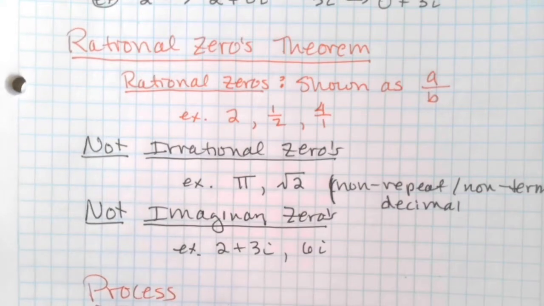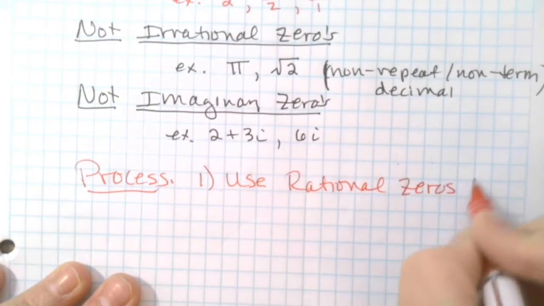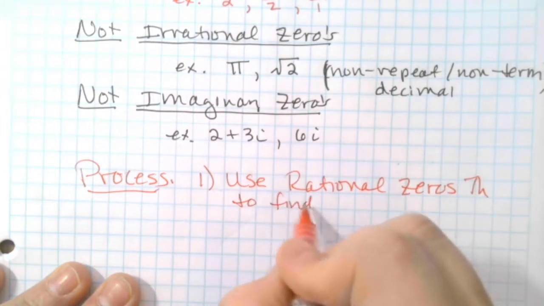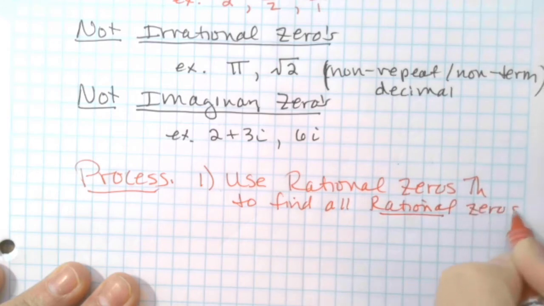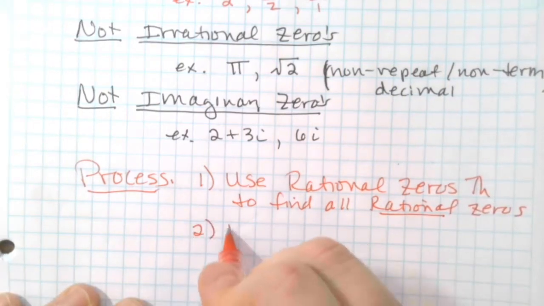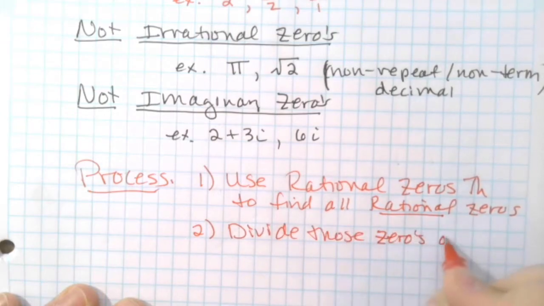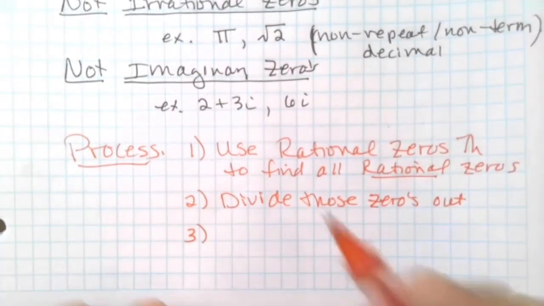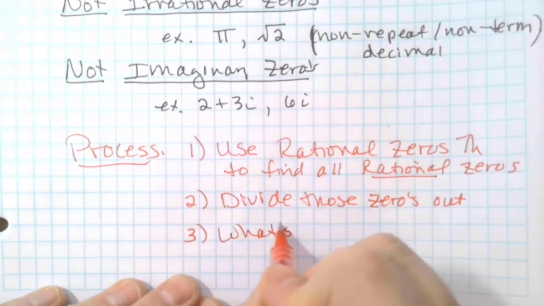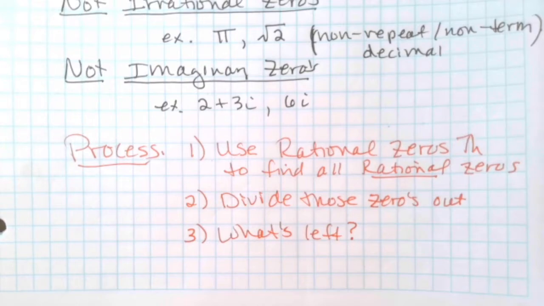Number 1, you use the rational zeros theorem to find all rational zeros. Number 2, divide those zeros out. Number 3, what's left? And whatever's left, you have to then solve.